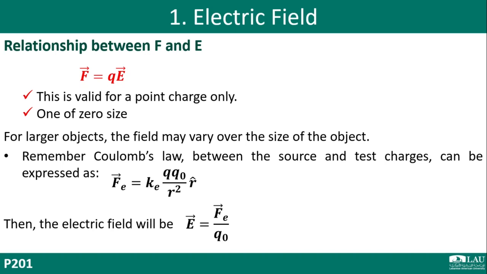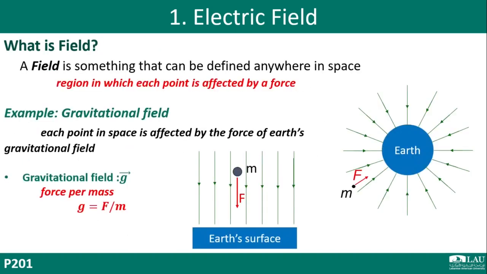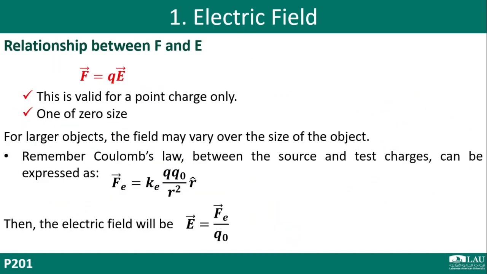In fact, it depends on the sign of Q. Unlike the gravitational case, where the gravitational force and the gravitational field have the same direction, for the electrostatic force and the electric field it all depends on the sign of Q, because as you know, we can have a positive charge or a negative charge.